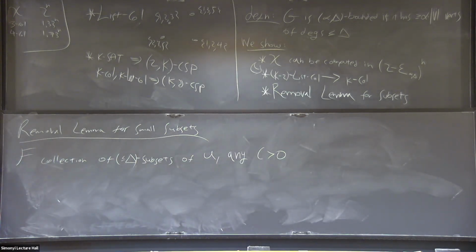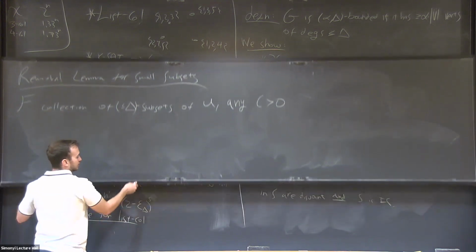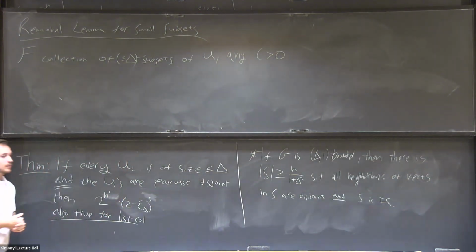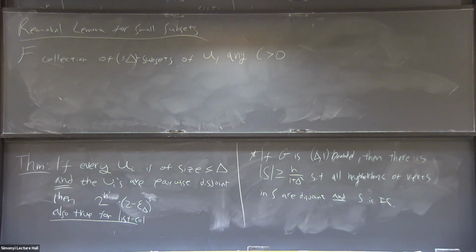Yes, sorry, I just have a question about the previous discovery: the exact same algorithm works for list coloring? Exactly. For this theorem, whose proof you are not going to tell us, we can at least imagine that since you have many sets of size delta that are disjoint, you could color each of them in much less than 2 to the delta time.